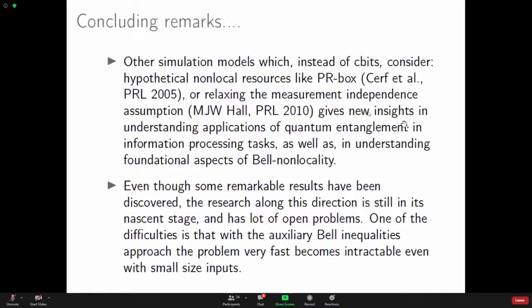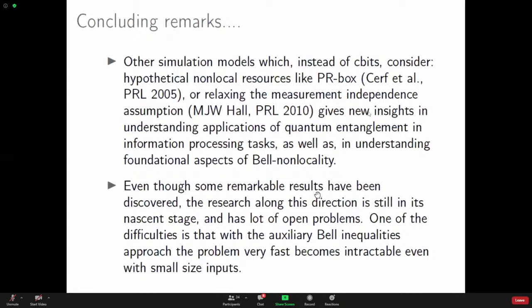So this kind of study gives new insight in understanding applications of quantum entanglement, as it was shown in Professor Hall's talk, how important it is in cryptographic applications, and of course in understanding the foundational aspects of Bell non-locality.